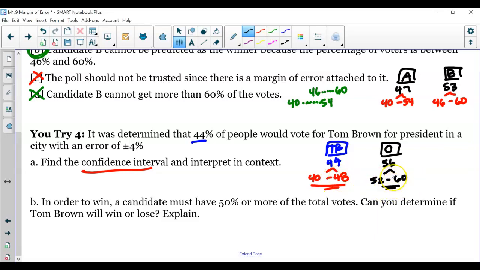So is there overlap? No. So can we state if there's going to be a winner? Yes, but unfortunately, Tom Brown is going to lose because of the lack of overlap between our two percentages, and Tom Brown is less than and under that percentage.